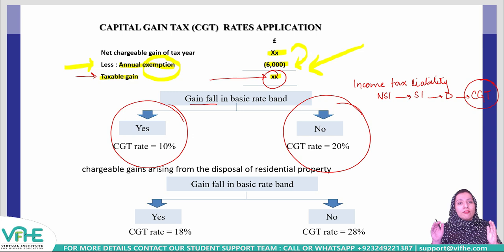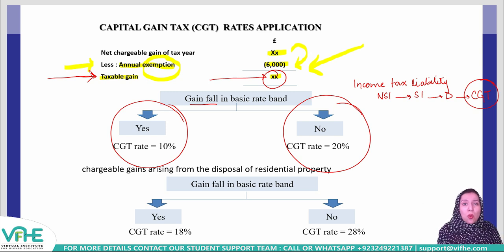So, when the taxable gain is determined after deducting the annual exemption figure of £6,000 in the tax year, we will have to see if the gain is going to be accommodated in the basic rate band, then the rate of 10% will have to be applied. Otherwise, on the excess gains, a higher rate of 20% shall have to be applied.